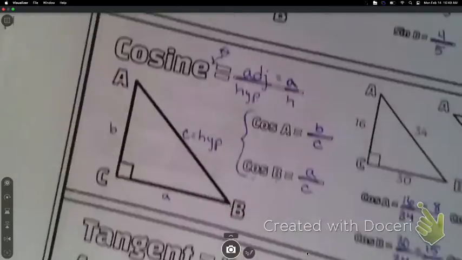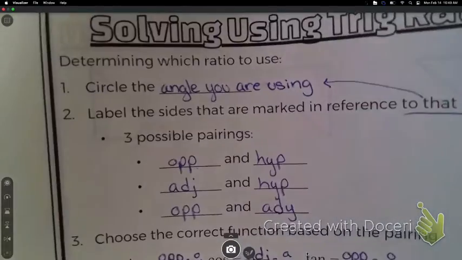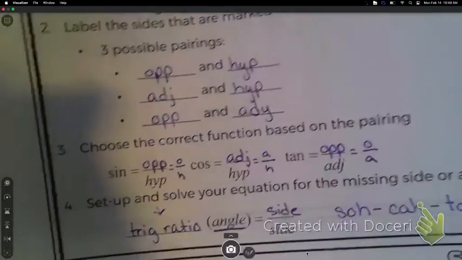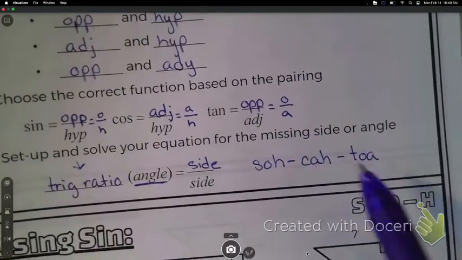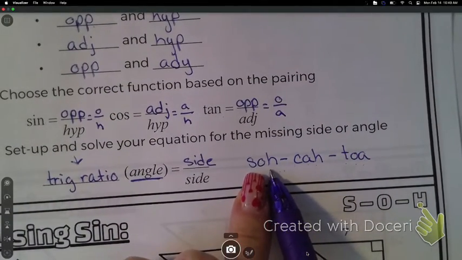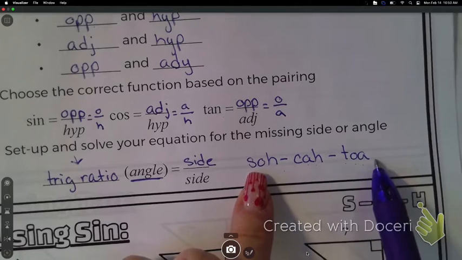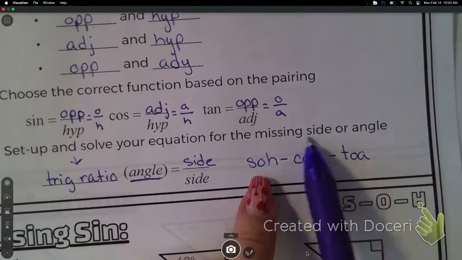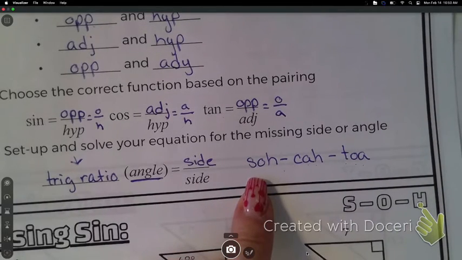And then when we had our steps that we should take, we gave you the SOHCAHTOA, correct? And I told you that you were not going to have notes on this test, but if I wrote SOHCAHTOA on my piece of paper, would I have everything I needed? Yes.